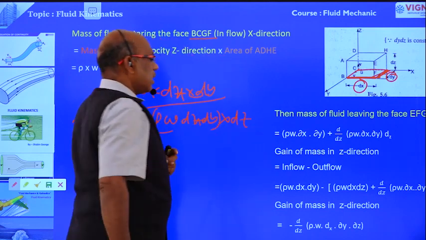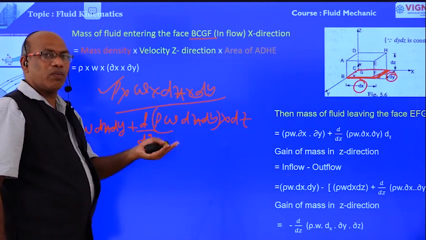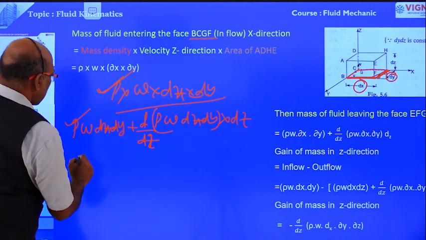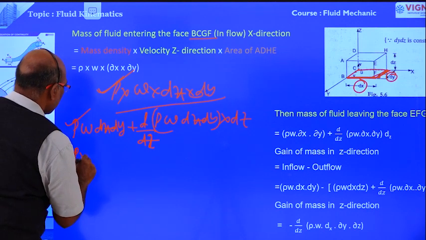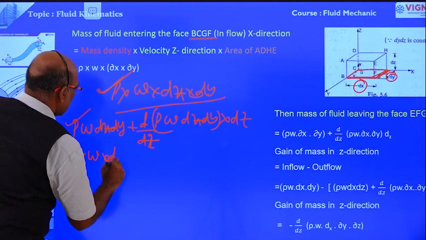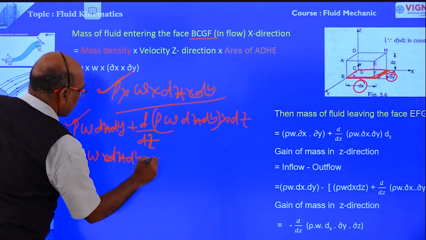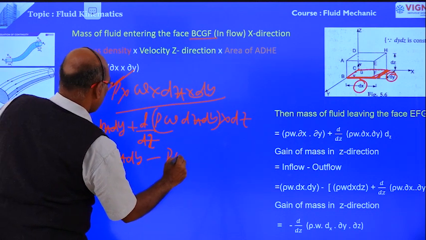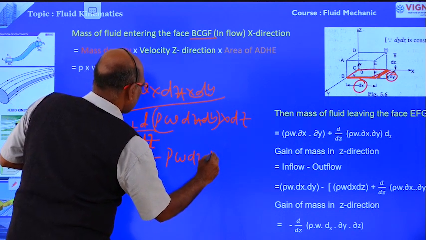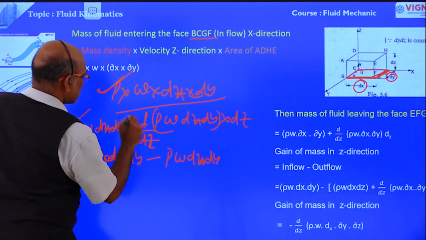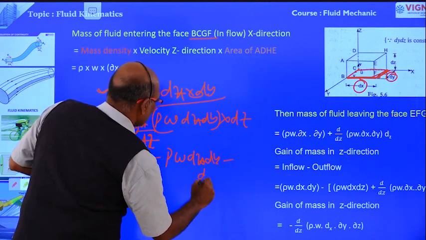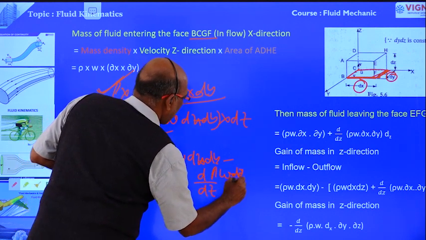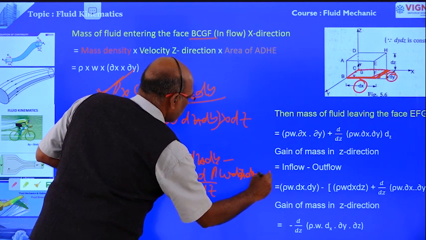Therefore, gain of mass in z direction is equal to inflow minus outflow. This is the inflow, this is the outflow. Right? Inflow minus outflow, rho w dx dy minus rho w dx dy, minus into plus minus, that is equal to d by dz of rho w dx dy into dz.